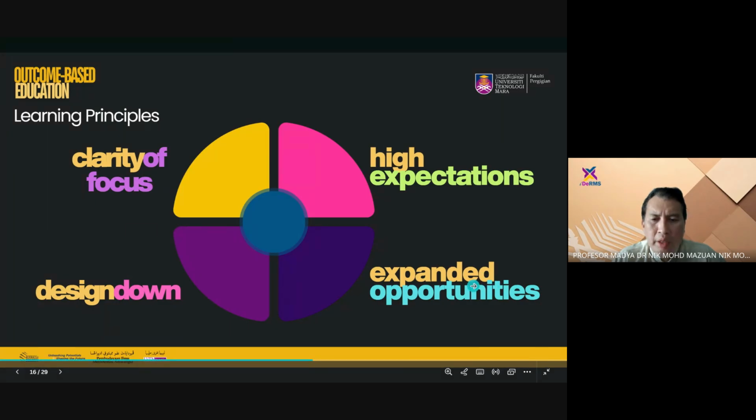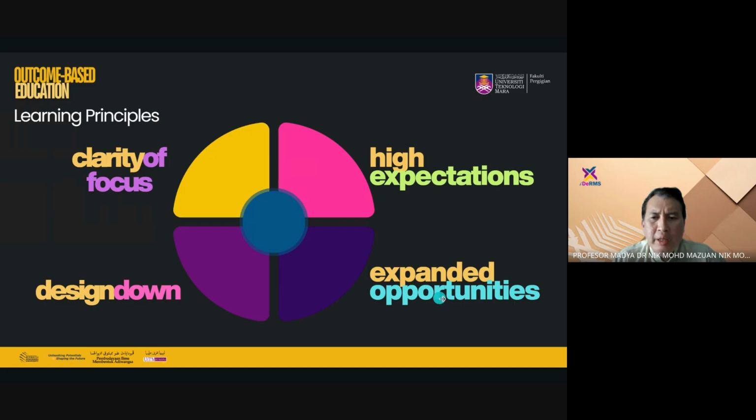The expanded opportunities really means that we have given them a few opportunities to excel, a few opportunities to show us that they have achieved the outcome. So we have done this in our curriculum, by means of continuous assessment.